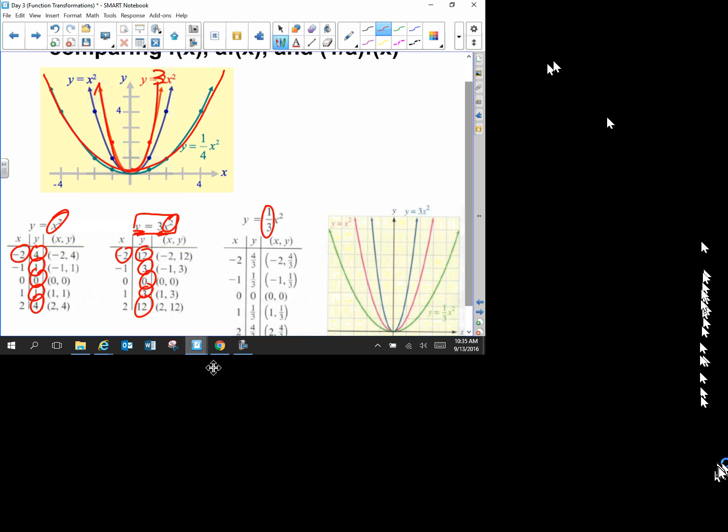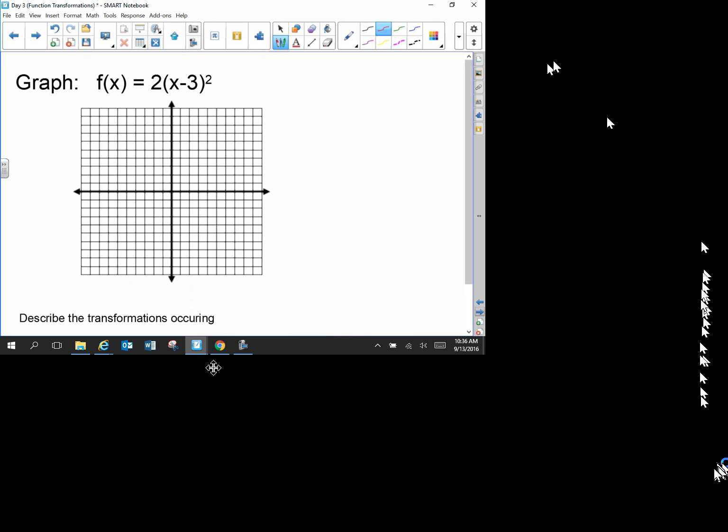You're going to sketch a graph and describe the transformation that occurred to that function right there.